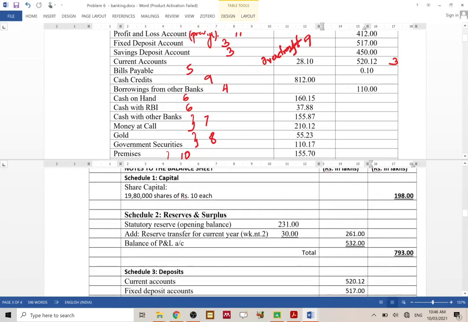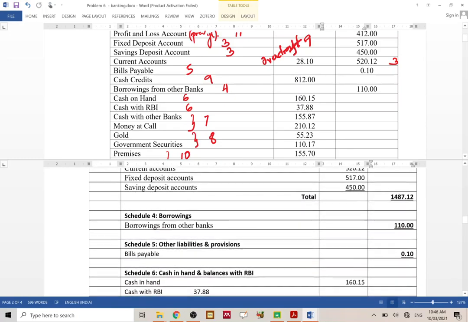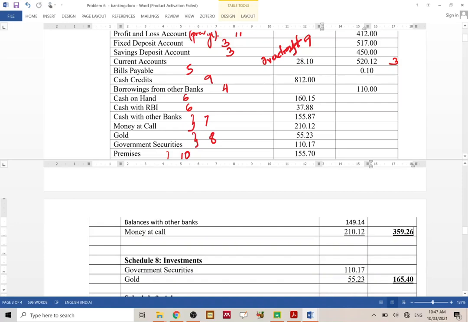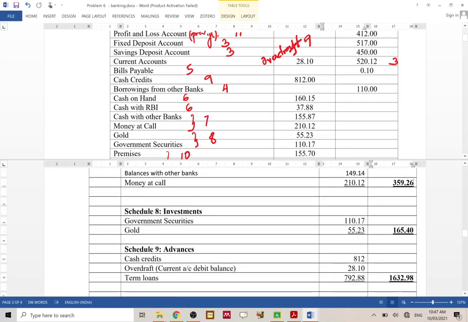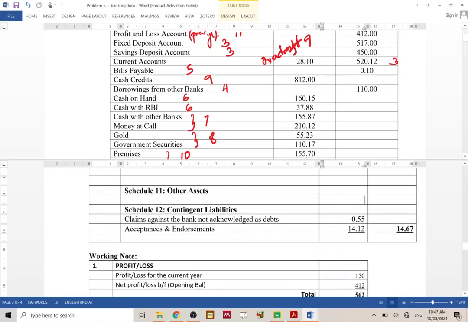Okay, let's just take a look now. If we have all our schedules right, from schedule 1, 2, 3 total, 4, 5, 6, 7, 8, 9, 10, 11. Other assets, we don't have any, nothing is given in other assets, so this will be nil, and this is 12.